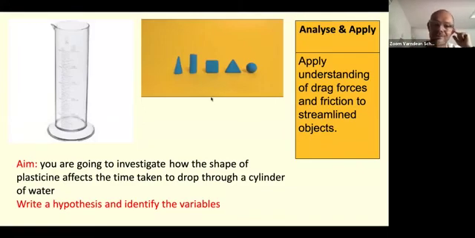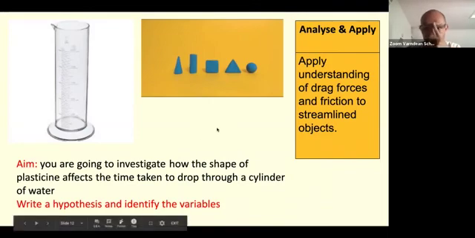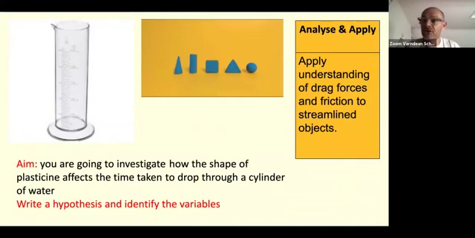So you're going to design an experiment that would test your hypothesis. Your hypothesis in science, for those of you who can't remember, is your educated idea as to what is happening. For example, I think when my shape is more square-like, it will fall more quickly.